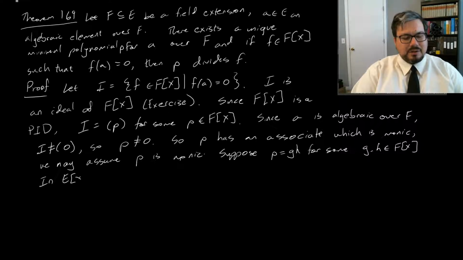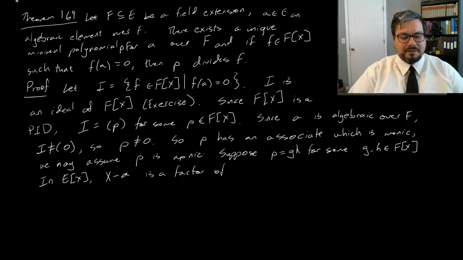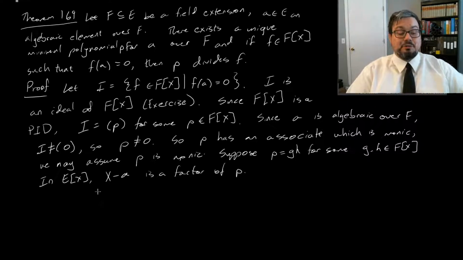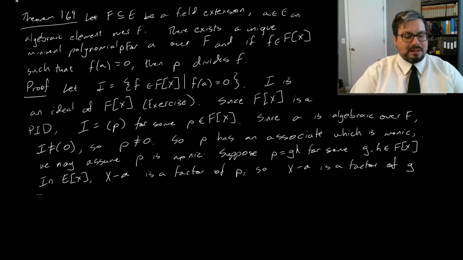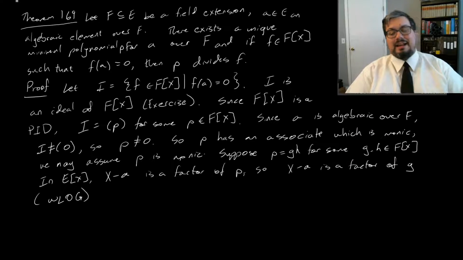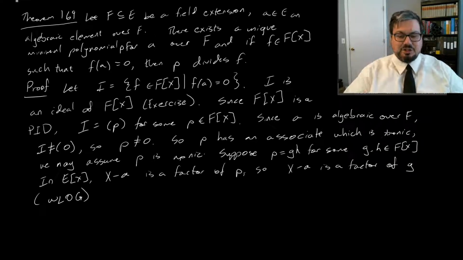Now, in E adjoin X, we have that X minus A is a factor of P, because A is a root of P that belongs to E, and since E is a field and A is a root of P, that means X minus A is a factor of P. But X minus A is also irreducible, so X minus A is a factor of either G or H. Without loss of generality, we may assume that X minus A is a factor of G, because there's nothing distinguishing G and H so far.